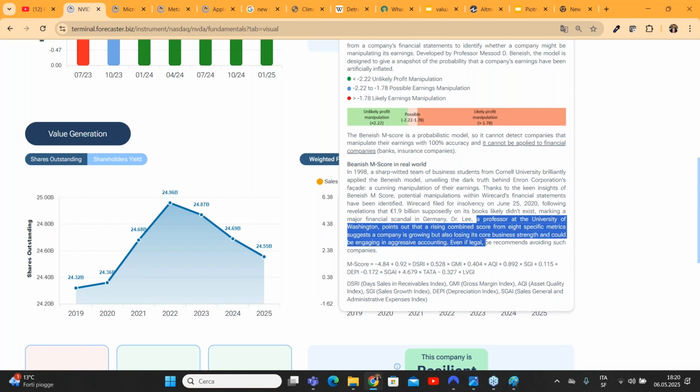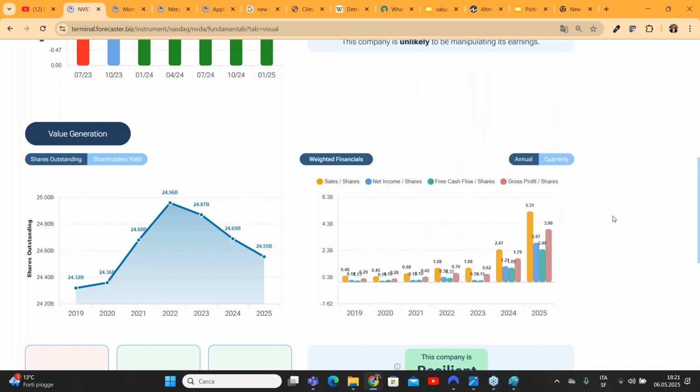Even if legal, because of course this is not proof that they are doing something illegal, but if they are doing an aggressive accounting, it's better to avoid these kinds of companies because they could have problems in the long run.